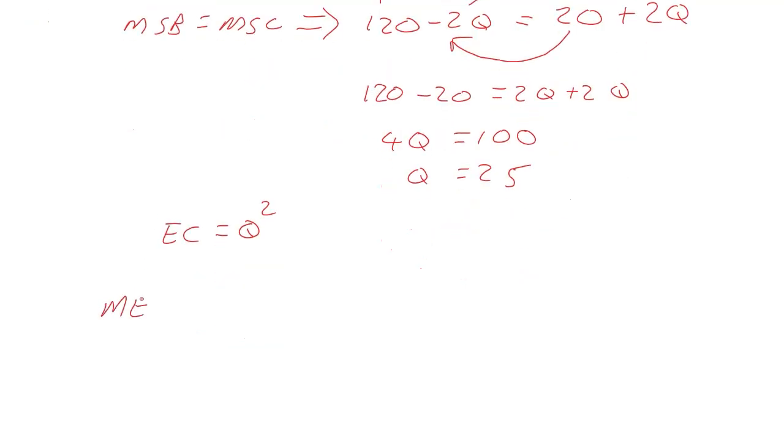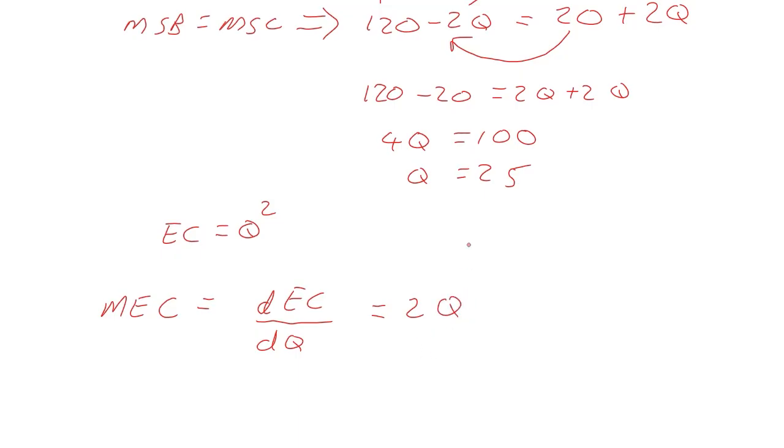So the marginal external cost, the marginal environmental cost, is equal to differentiating the external cost with respect to quantity, which is going to give us 2q. And then we equate. We want to find the socially optimal, and I will not write Q like that, I'll write it like this.